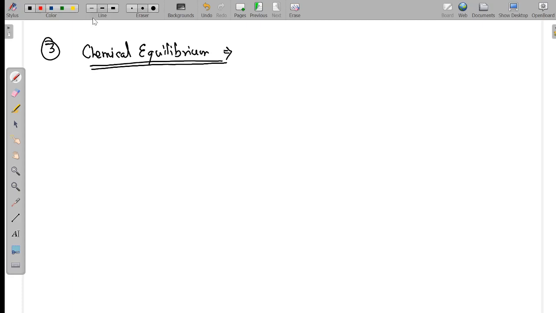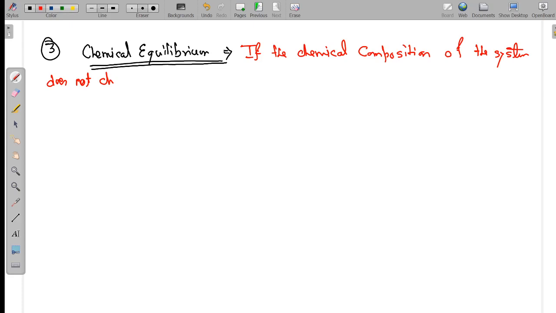You can easily understand that if the chemical composition of the system does not change with time, it is said to be in chemical equilibrium.